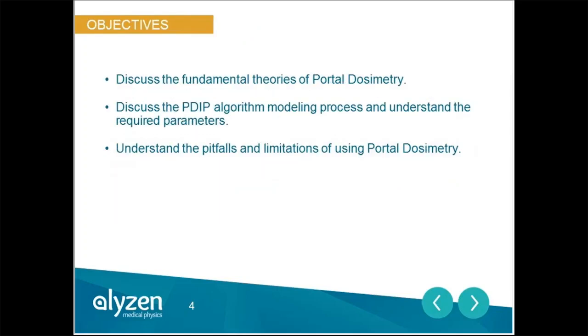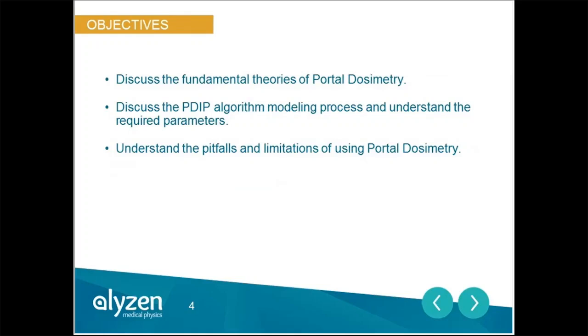So the objective of this talk is we're going to begin by talking about the fundamental theories of portal dosimetry, how portal dosimetry very broadly makes the calculations and gets an image. And then hopefully we'll be able to talk about the algorithm, the modeling, and understand all the parameters that go into this. I know that when looking at the algorithm itself, sometimes it's a little black box.